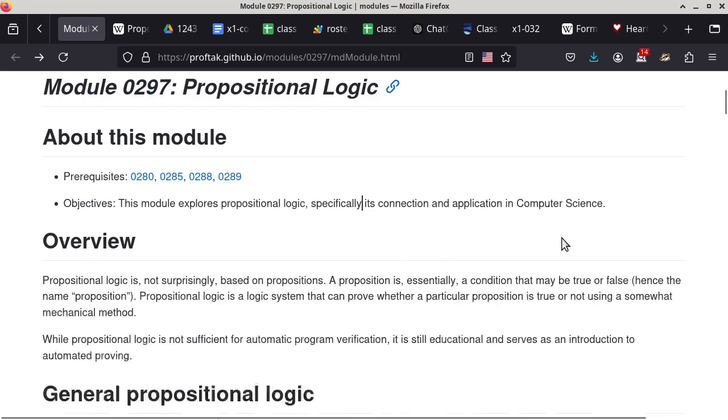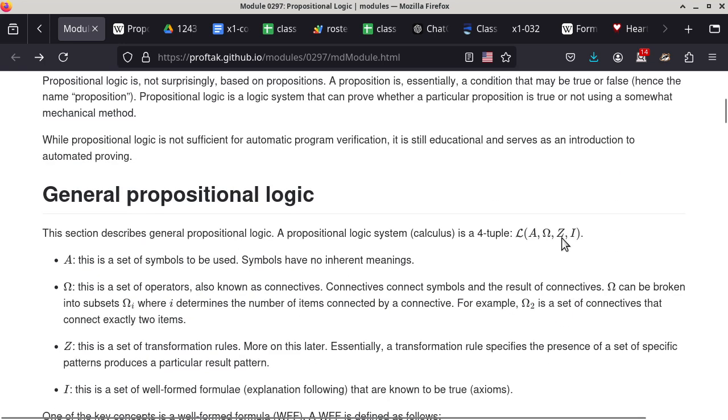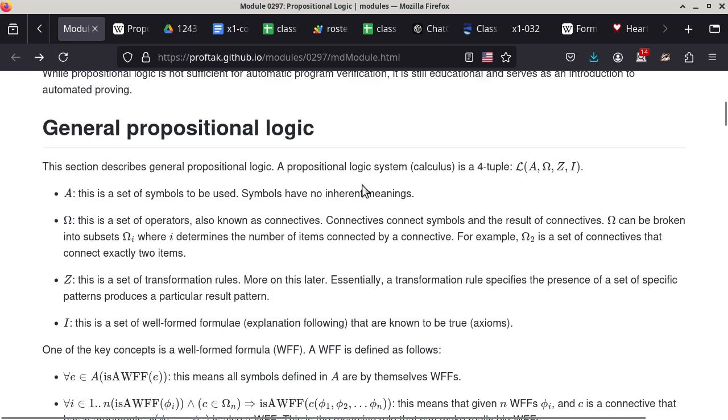All right. So given that context, what we want to do is to introduce general propositional logic, also known as propositional calculus. So a propositional logic system is a four tuple. I think this is the funny looking L, lambda, and it has four parts. Each part is a set by itself.